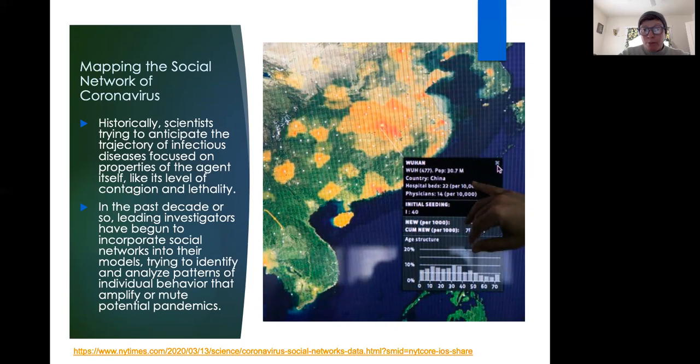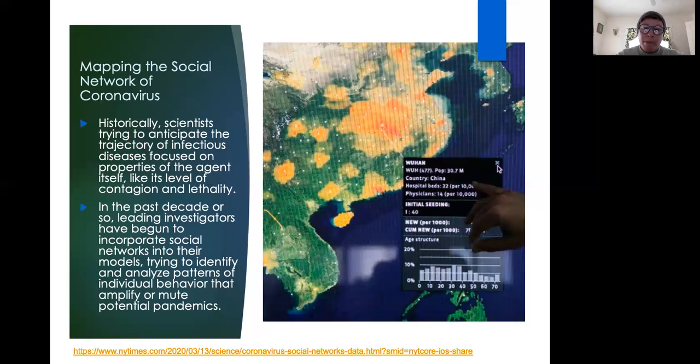But another important factor is vectors. People as vectors, whether dogs are vectors, was the question, whether dogs could contract coronavirus or not. So then they discussed how in the past decade or so, leading investigators have begun to incorporate social networks into their models to try and identify and analyze patterns of individual behavior that amplify or mute potential pandemics. So it's not just about how the disease functions, but people are the vectors that transmit the disease.